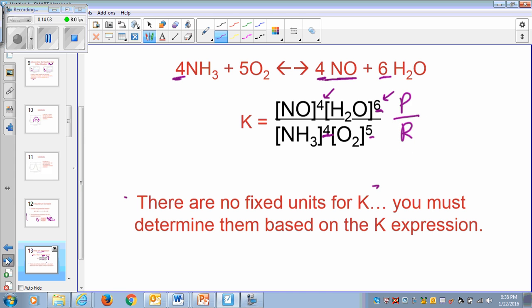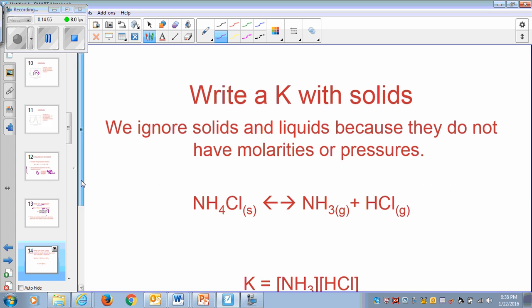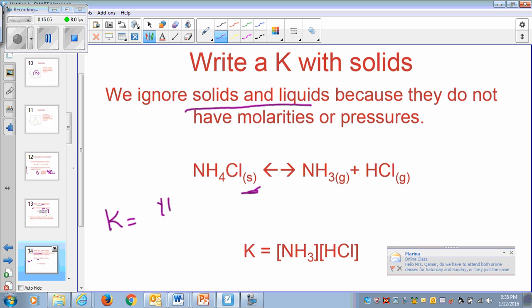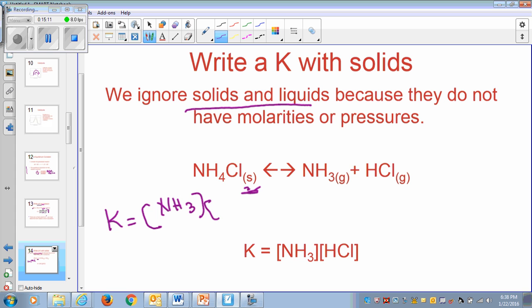So if I am given the concentrations, how can I calculate it? But before we do that, we ignore solids and liquids. Let's say I have a solid here, HCl over NH4Cl, products over reactants.